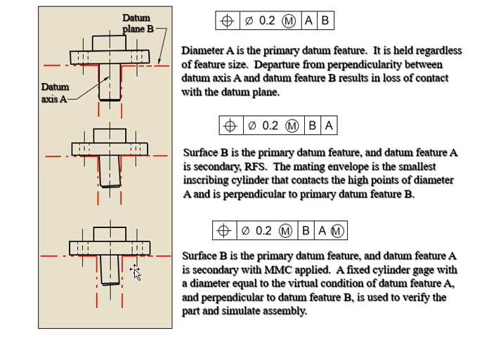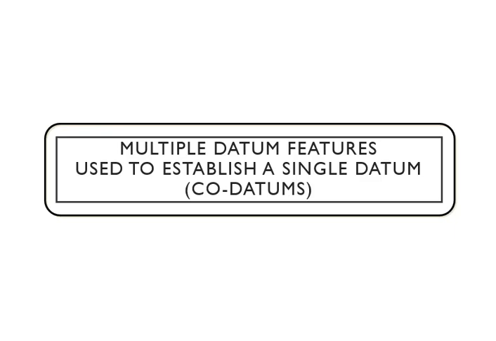So you have a fixed cylinder gauge, which is right here, establishing this axis and also this plane. That's the diameter of that cylinder, and it is also perpendicular to this datum feature B plane right there. We will definitely use that to verify the part and also simulate the assembly. Okay, so now you get it.